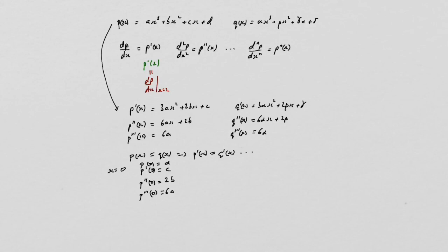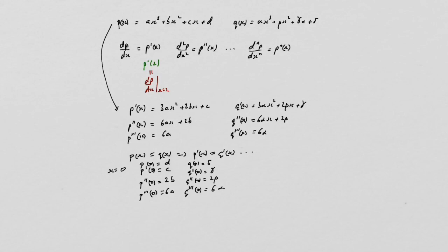And if we do the same for q, that would tell us that q of 0 would be equal to delta, and q dashed of 0 would be equal to gamma, and q double dashed of 0 would be equal to 2 beta, and q triple dashed of 0 would be equal to 6 alpha.